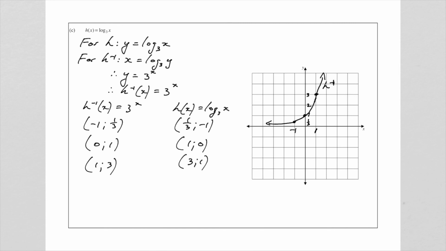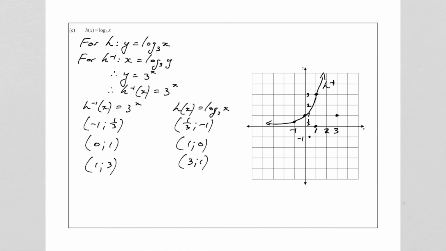Let's now plot the 3 points for the log graph, and that will be when x is a third, y will be minus 1, so that is where minus 1 is. And then when x is 1, y is 0. And when x is 3, then y will be 1.